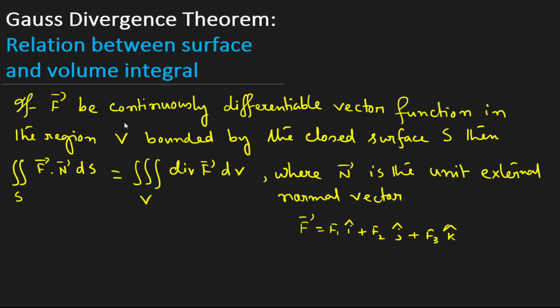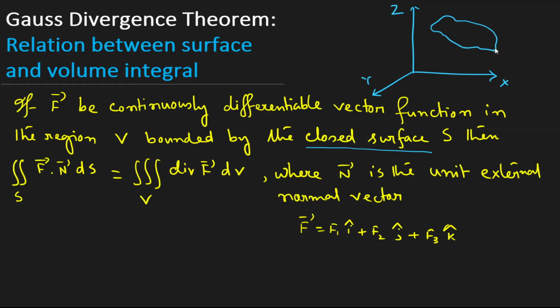In the region capital V bounded by closed surface C. Now what is this closed surface? Suppose let us take the x-axis, y-axis, z-axis, and some surface is there.